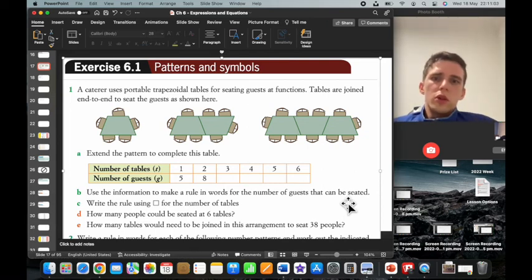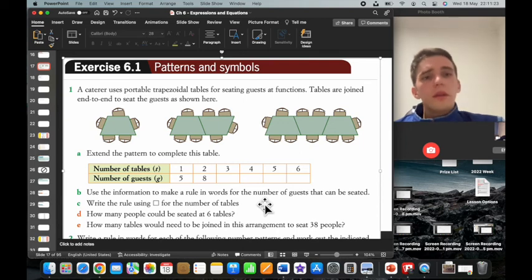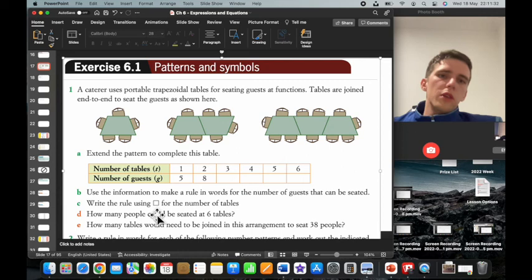So the rule is we take the number of tables, multiply that by 3, and add 2. C, write the rule using a box for the number of tables. That is 3 multiplied by the square, 3 multiplied by the number of tables, plus 2. If you think about it, those two chairs are the chairs on the end.